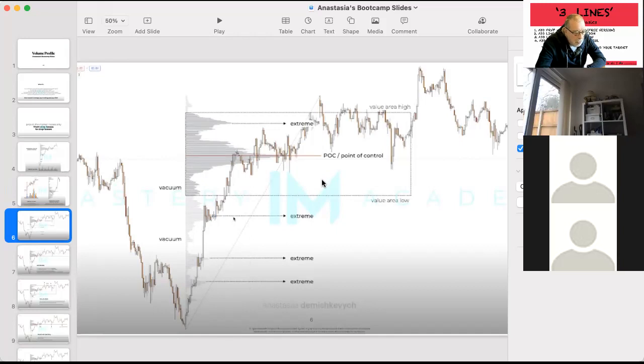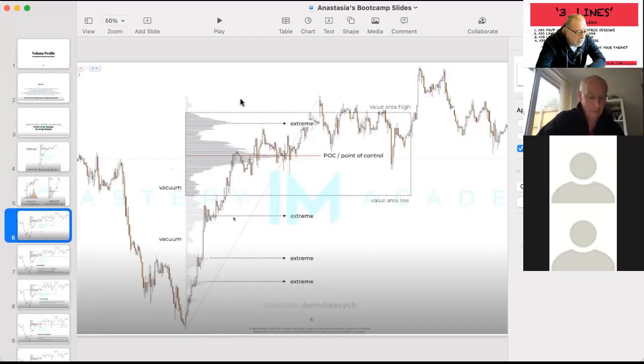Now, she's also, as we do with a V70, she talks about the value area low and the value area high. And in between, you've got the point of control. Now, the big difference between what Anastasia does and what V70 does is, can you see this dotted line that's going up at sort of 60 degrees from that low point to that high point?